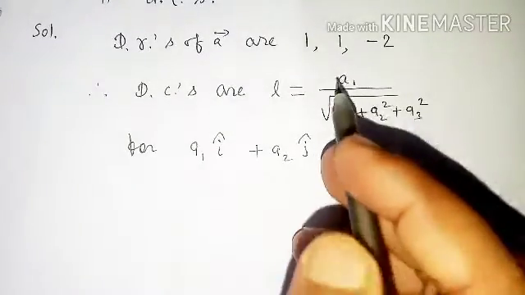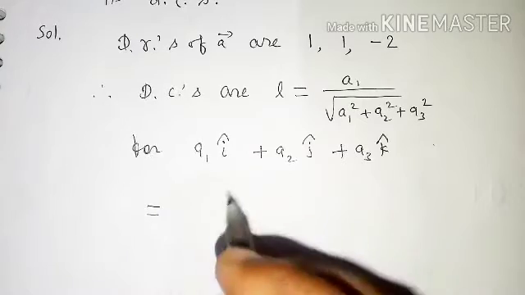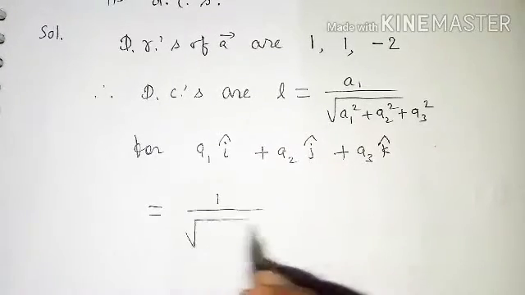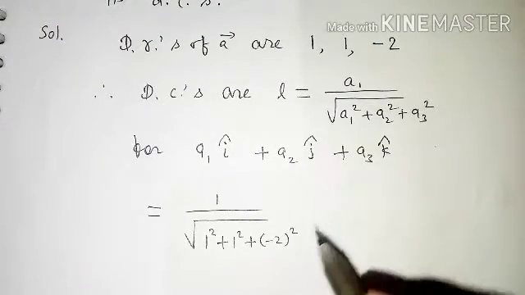Here A1 is 1, A2 is 1, and A3 is minus 2. So L is 1 by square root of 1 square plus 1 square plus minus 2 square.